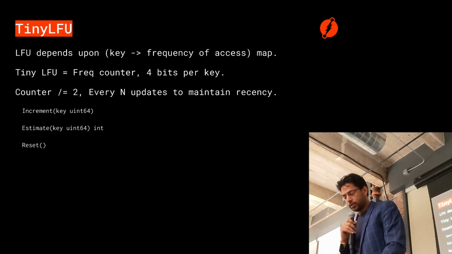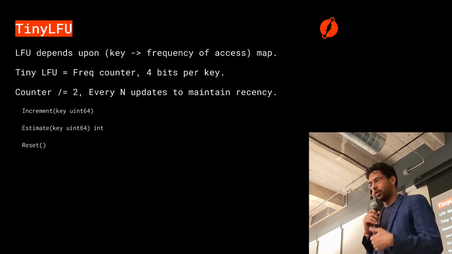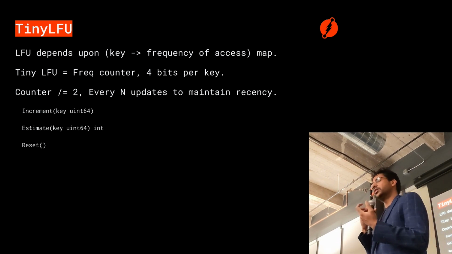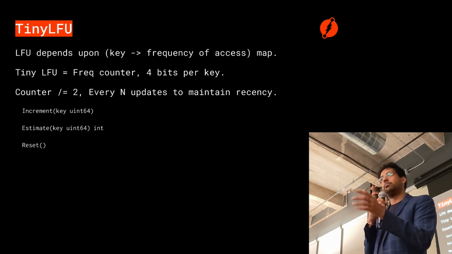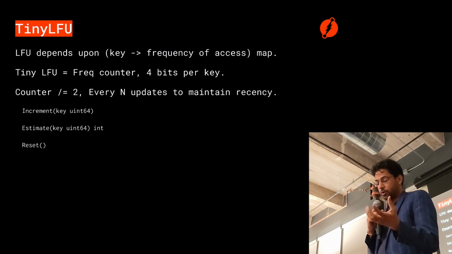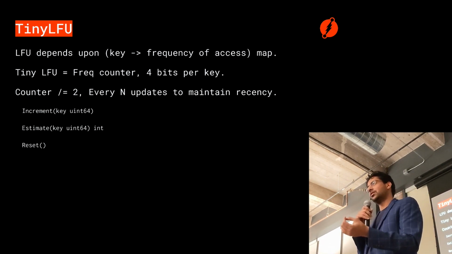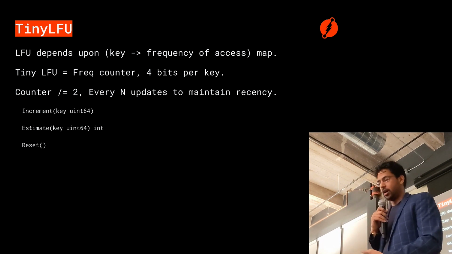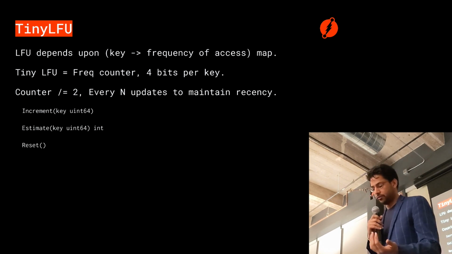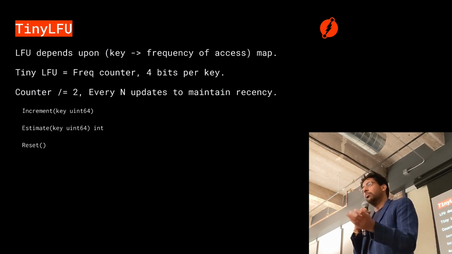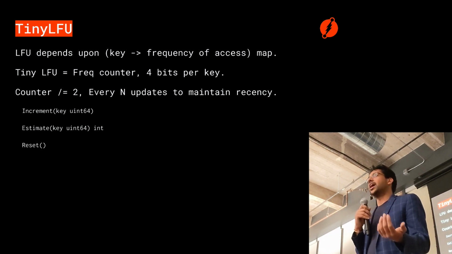So Ristretto uses this highly efficient way to track key access frequency called TinyLFU. And TinyLFU is interesting because it provides a frequency counter which only takes 4 bits per key of storage in memory. So you can store 200 million keys' frequency counters in 100 megabytes of data in memory, which is pretty efficient. And in general, the more keys Ristretto knows about, the better policy decisions it can make, right?